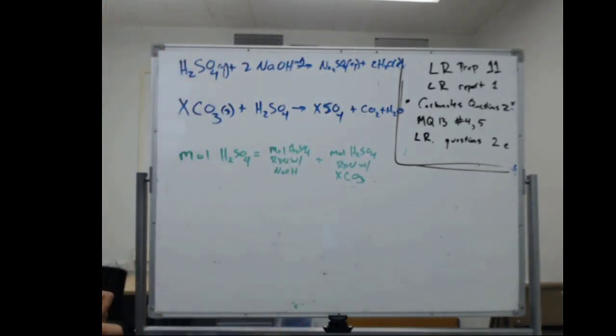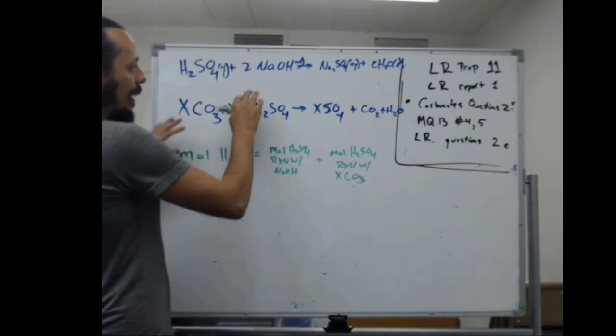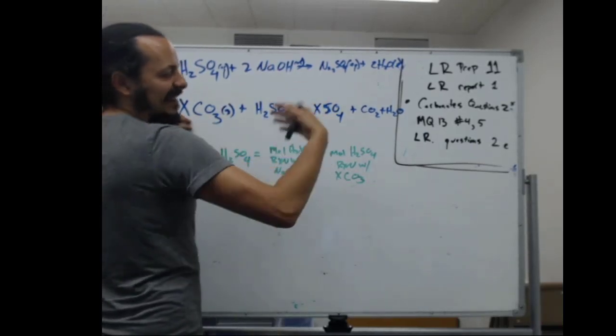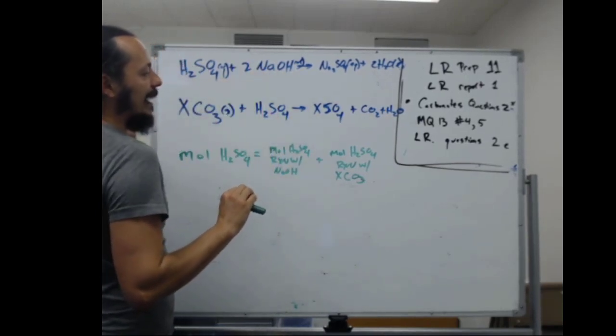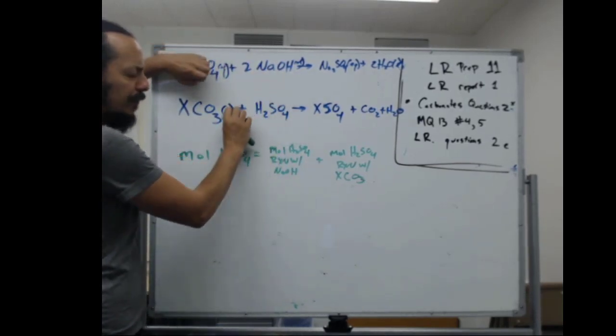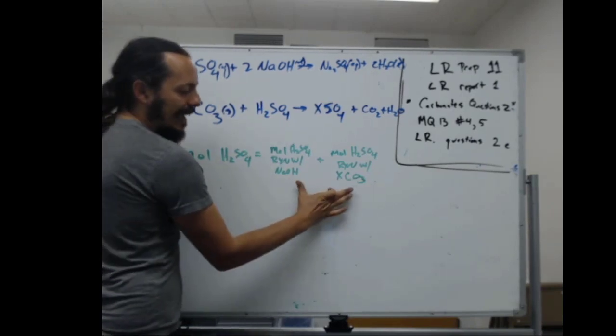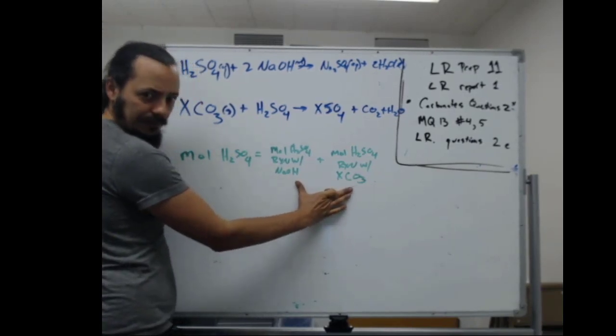So this is kind of what's going on in terms of our thinking. I know the sulfuric acid reacts with the carbonate, and we get some excess sulfuric acid left over, and then we perfectly neutralize it with the sodium hydroxide. So we're going to use up all of our sulfuric acid by reacting with these two things.